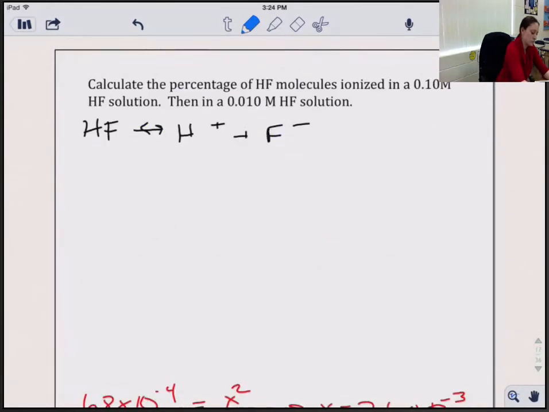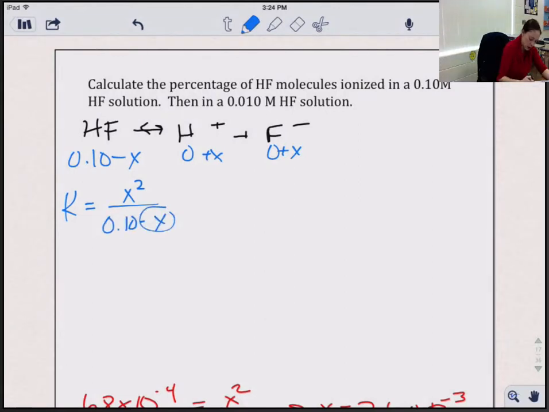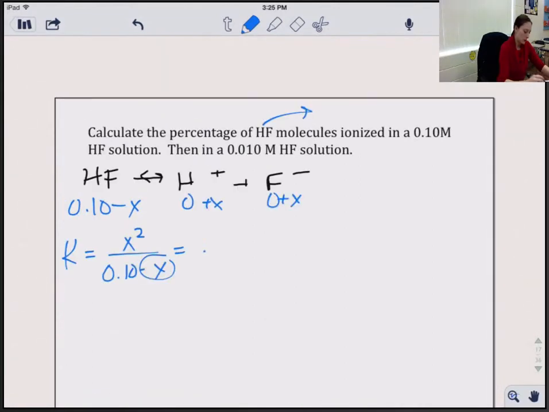We're going to do the percent ionization for the HF molecules ionized in a 0.1 molar HF solution. And then we're going to do this in a 0.01. If I have a 0.1 molar solution, none here, none there, plus X, minus X. I'm going to have my K equals X squared over 0.1 minus X. Well, I really don't care about that minus X, so really it's just 0.1.